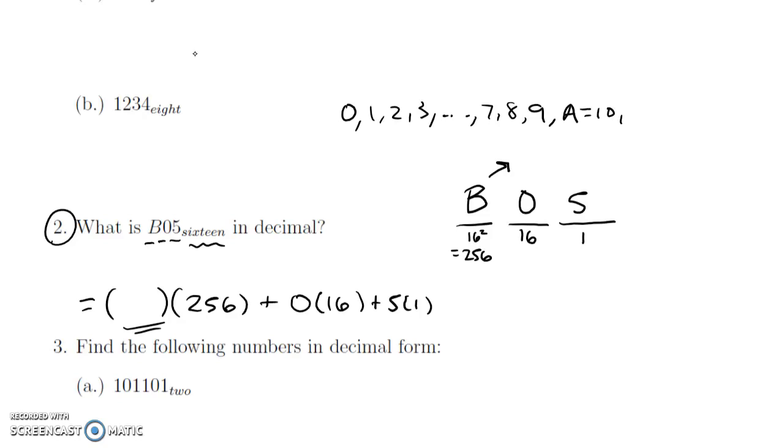A is 10, and then so B is 11. And remember, this goes all the way through 15, which would be A, B, C, D, E, F, is our largest symbol in base 16. So really B represents an 11 times 256.